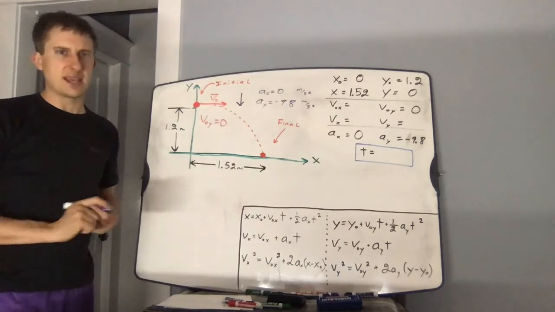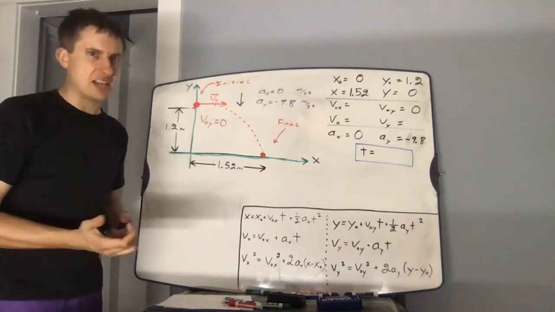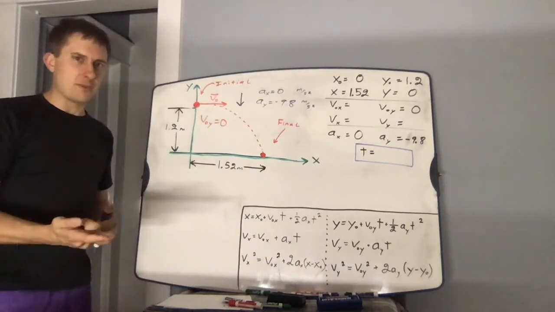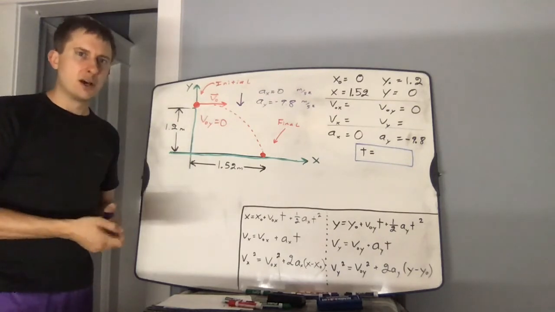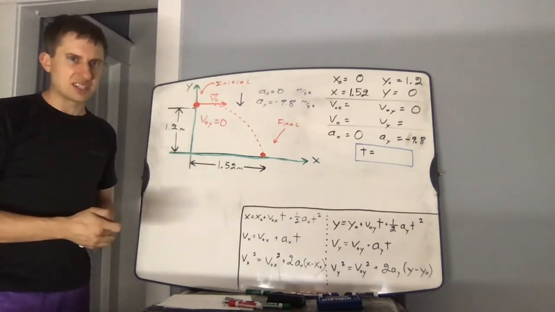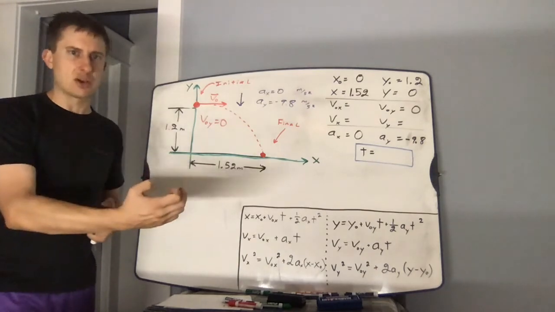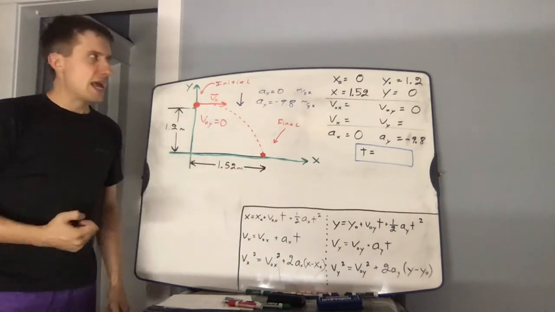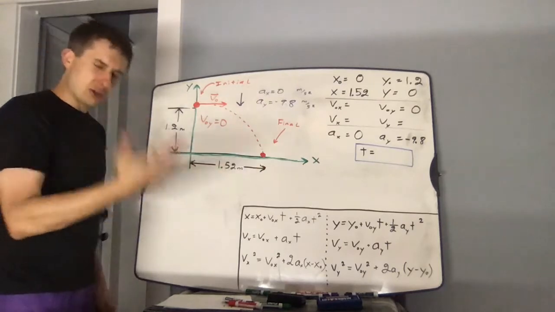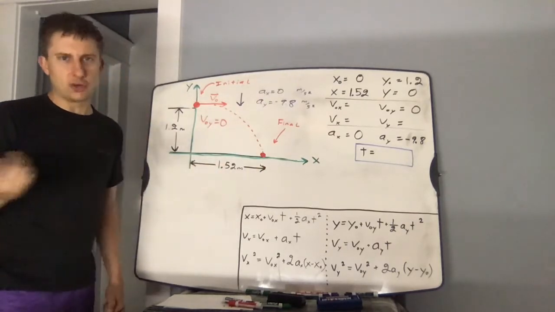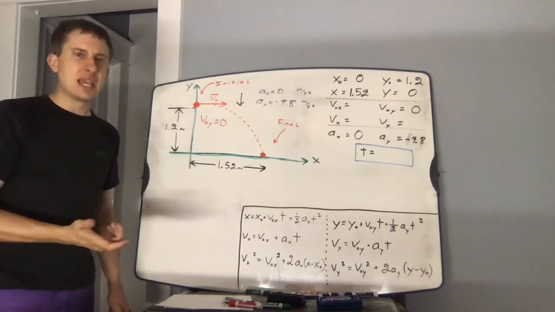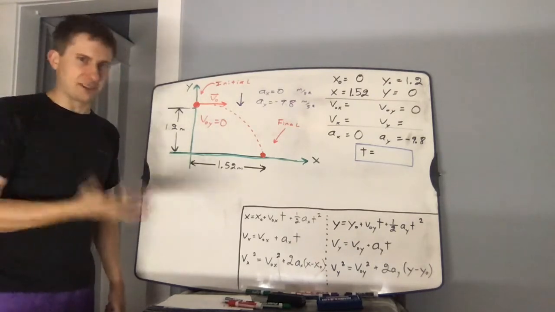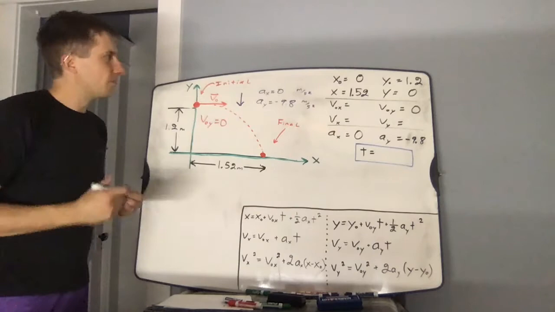Now there are two ways I could describe a velocity. I could describe a velocity with a magnitude and a direction, or I could describe a velocity by giving you the x component and the y component. Both of those ways of describing initial velocity would be accepted as correct on an exam, unless I specifically tell you to give me the other one.